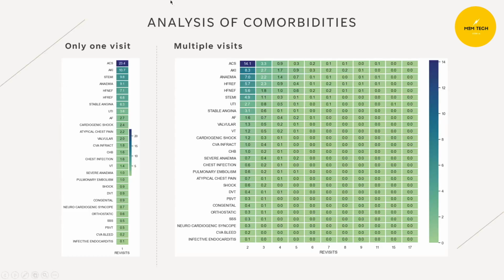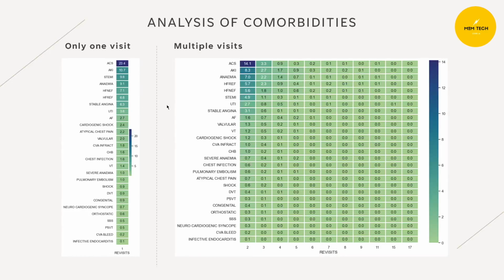Here I can see that ACS and anemia, heart failure with reduced ejection fraction and heart failure without reduced ejection fraction, and the elevation of myocardial infarction are pretty much the most significant ones that indicate that a patient can potentially come back for a revisit, and the other ones are less representative, although still representative.